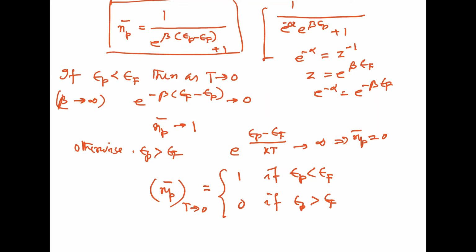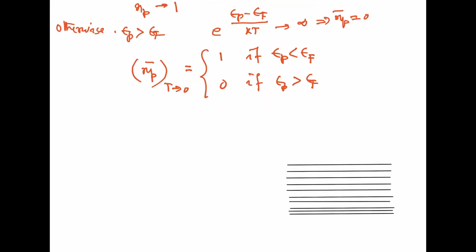So remembering the Pauli exclusion principle, which states that no two particles may be present in the same level, the physical significance of the above formula can be understood. In the ground level of the system, the particles occupy the lowest possible levels and fill the levels up to the finite energy level epsilon F.